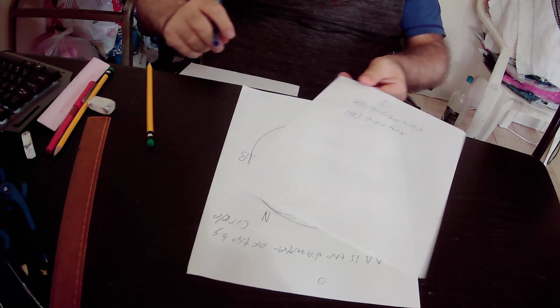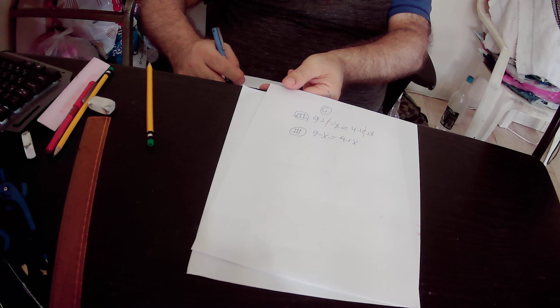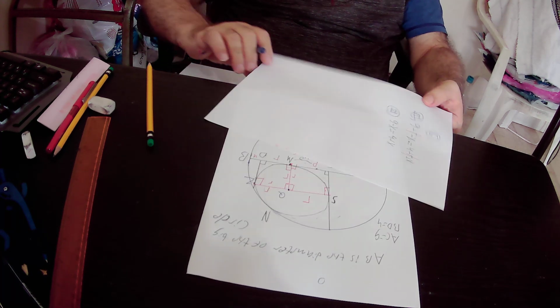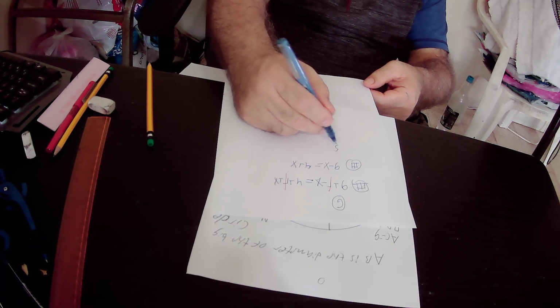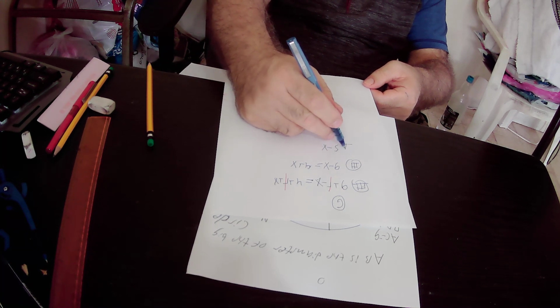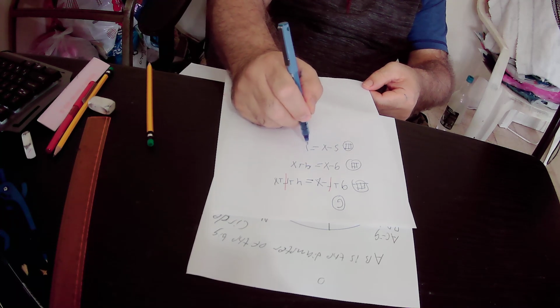Here we will subtract 4 from this third equation, and we will get that 9 minus 4 is 5 minus x equals x.